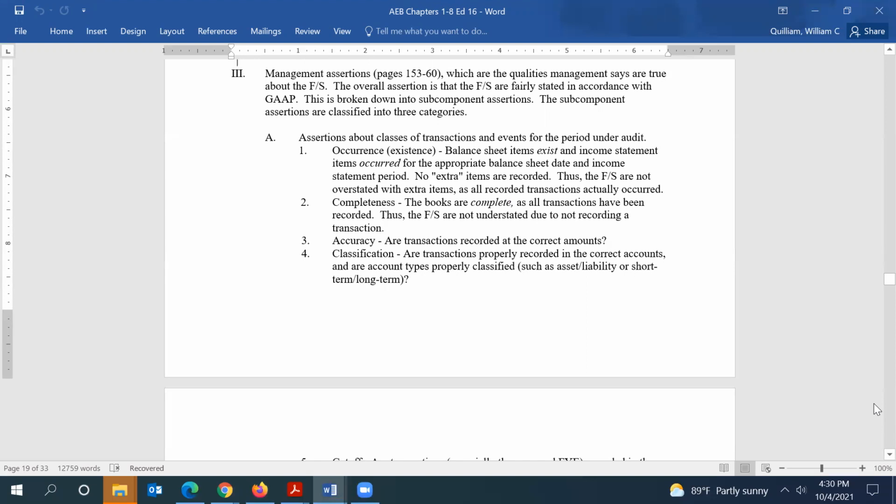Then, Roman numeral 3, management assertions. These are the qualities management says are true about the financials. One big overall assertion is that the financial statements are fairly stated in accordance with GAAP, but we'll break this down into some subcomponent assertions, which are divided into 3 categories.